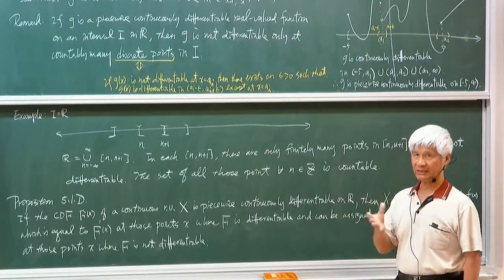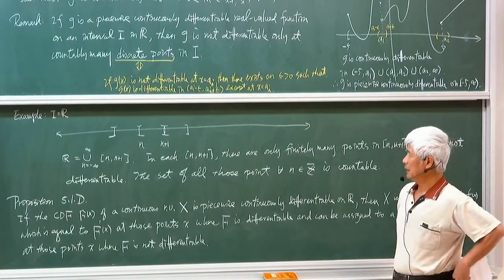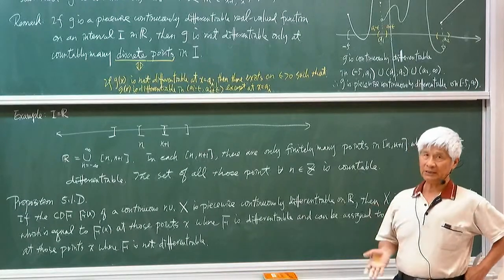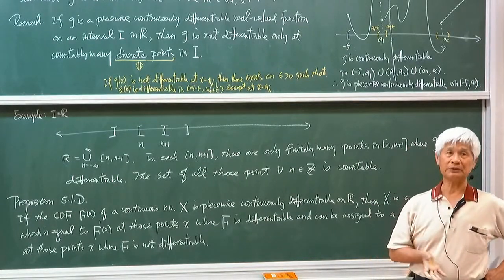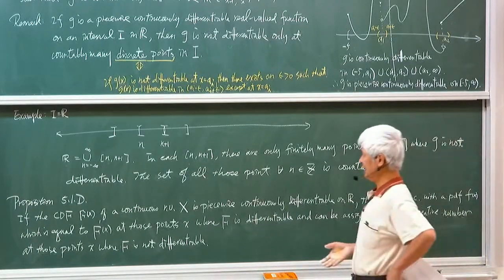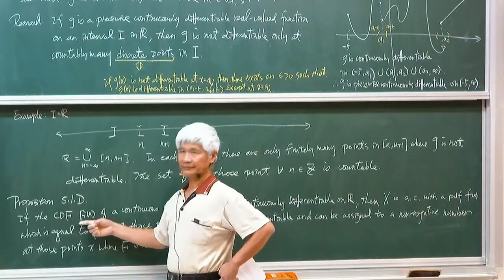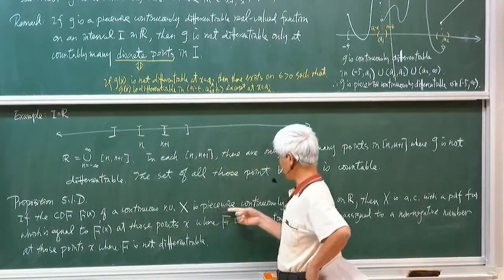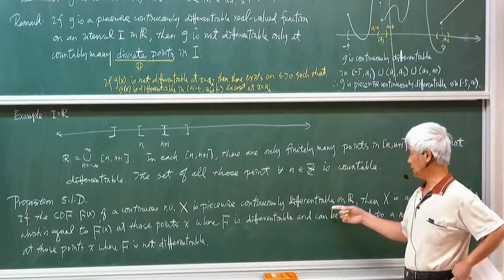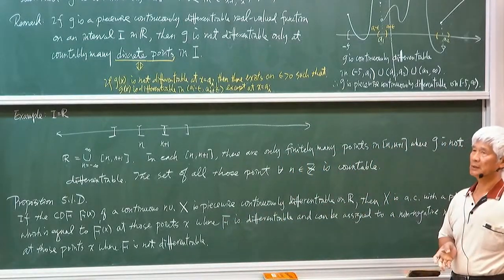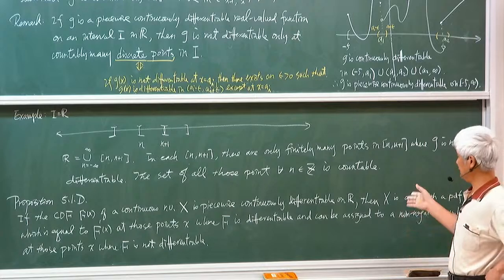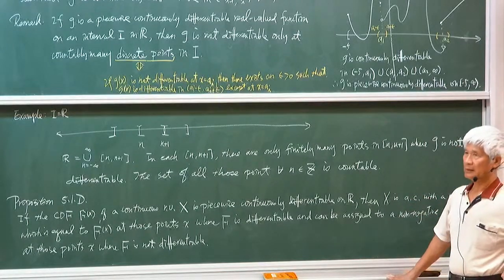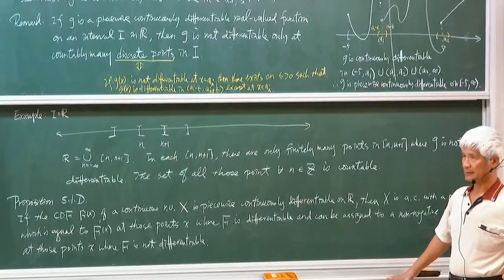So a sufficient condition for a continuous random variable to be absolutely continuous is to look at its CDF. If the CDF is piecewise continuously differentiable on R, then the random variable X is absolutely continuous.